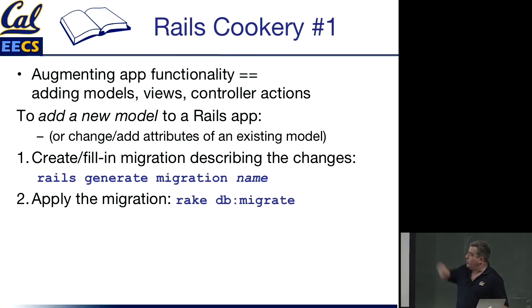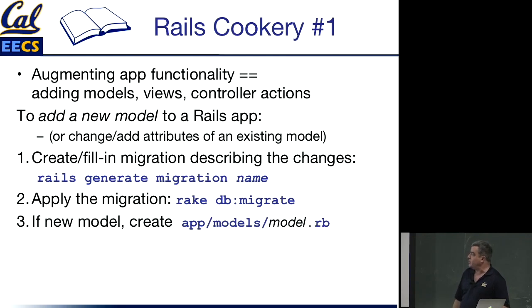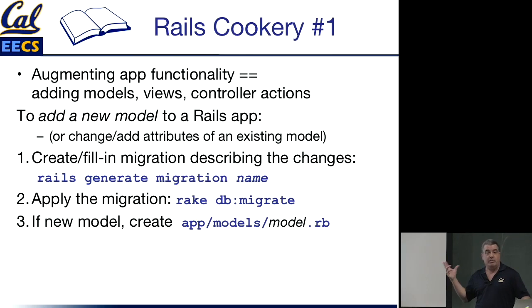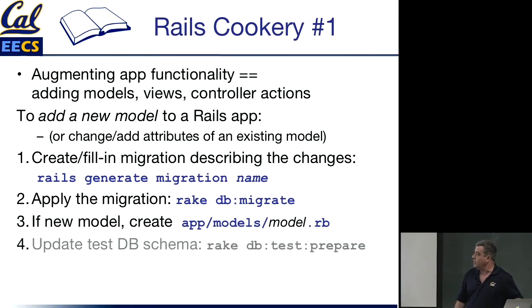You fill in your code in the migration file that got created for you. Then you apply the migration to your development environment. If it's a new model, you'll have to create a model file that specifies that the model descends from ActiveRecord::Base. That will connect it to the table you just created.